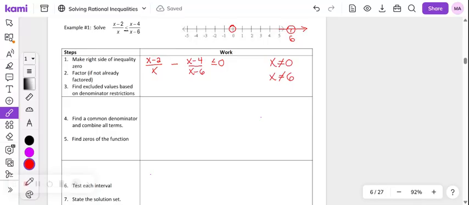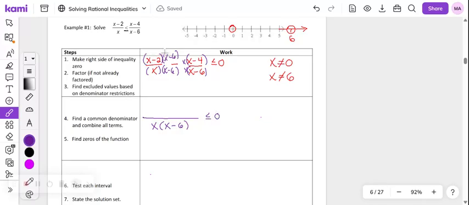Now we're going to combine our fractions, which means we have to get common denominators. I'm going to multiply this fraction by (x-6)/(x-6), and I will be multiplying the other fraction by x/x. That will give us one big fraction, which is going to be a very important fraction for us.